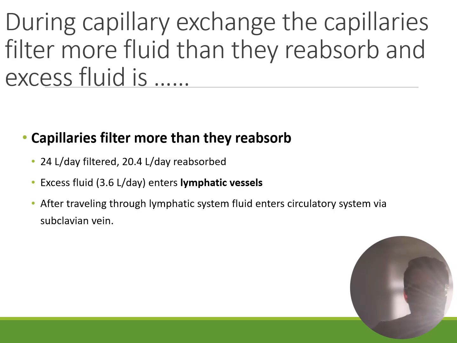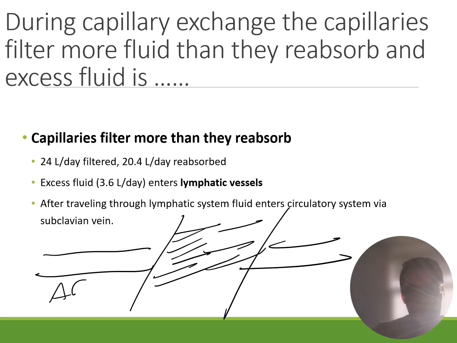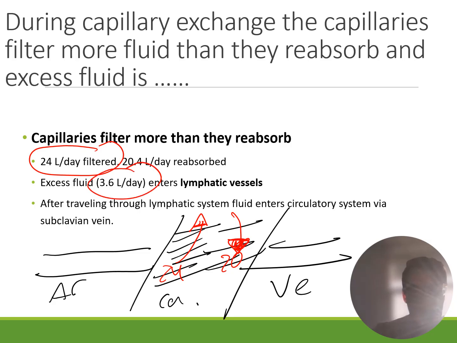So let me just again picture my capillary bed. Arterioles, venules, capillary. We're filtering out 24 liters, and we are reabsorbing through that blood colloid pressure about 20 liters, so about 3.6 liters that are in the interstitial fluid are going to be taken back in by lymphatic vessels.